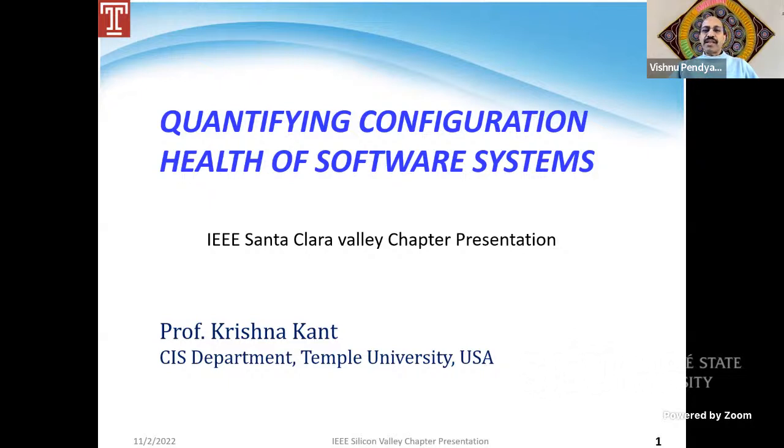Before 1991, Professor Kant was with the Pennsylvania State University as an associate professor of computer science, with research contributions in performance modeling and distributed systems. He received his Ph.D. in mathematical sciences from the University of Texas at Dallas in 1981.